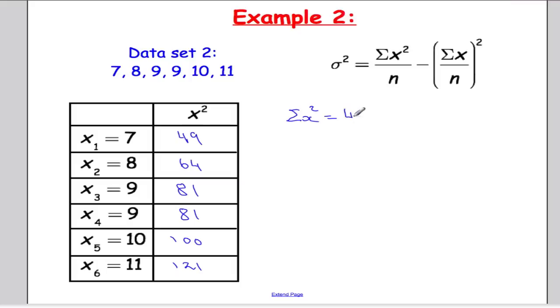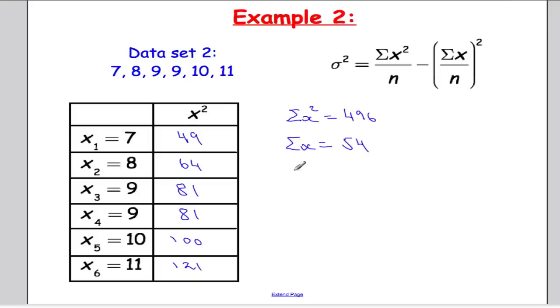I also need the sum of the values. So the sum of the values will be all of these added together. So 7 and 8 is 15. 15 and 9 is 24. And 9 is 33. 43, 54. So the sum of the values is 54.